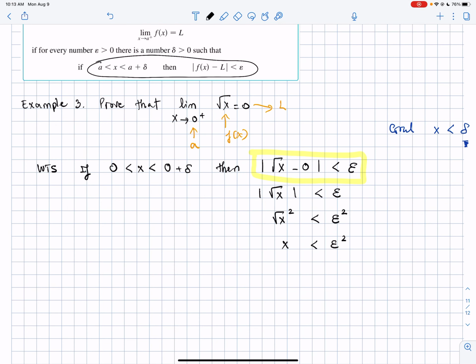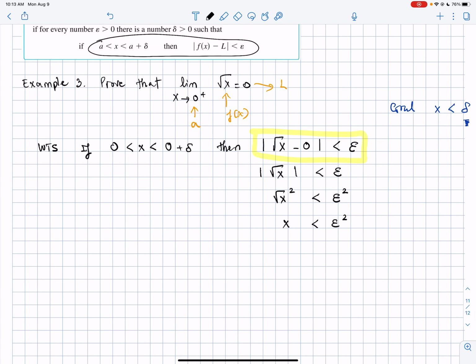So now in step number 2, we check to see if it works. In step number 2, we choose delta equal to epsilon squared. And given that epsilon is a positive number, we copy the definition one more time.